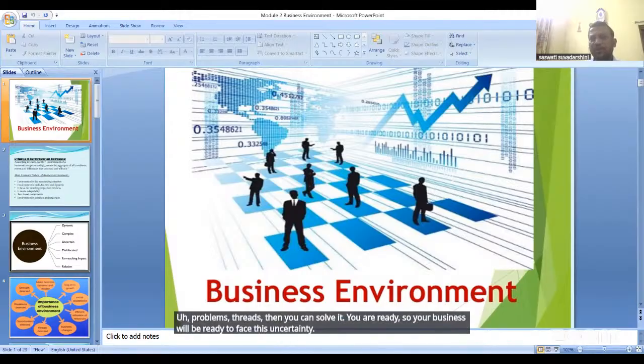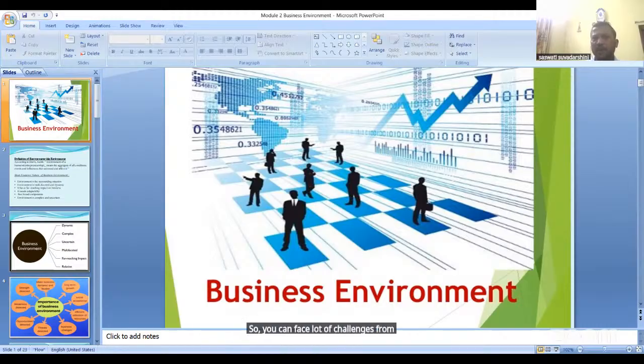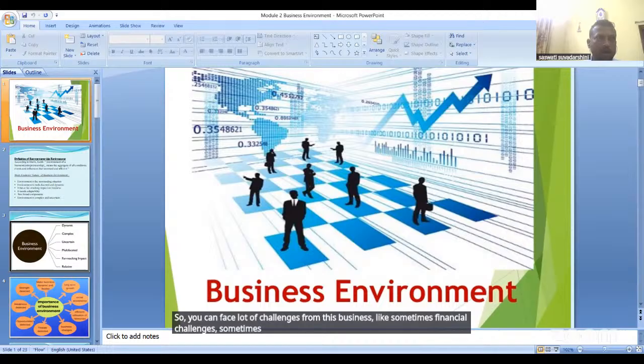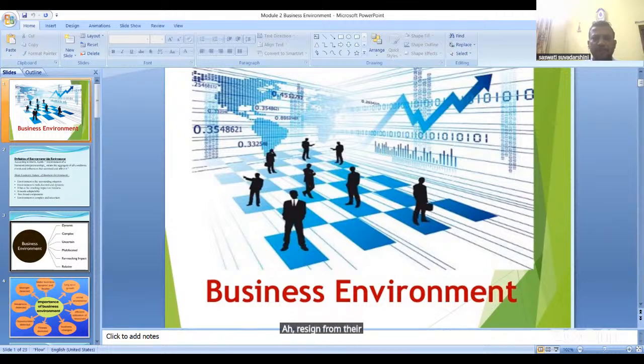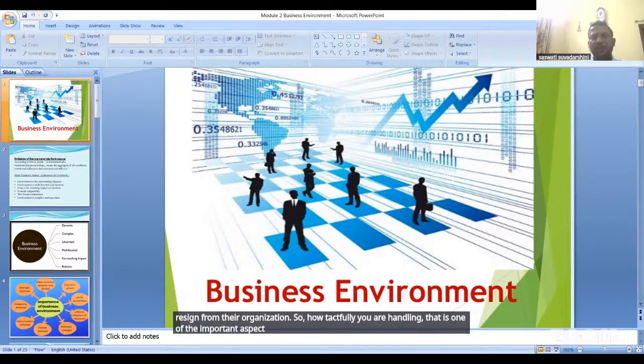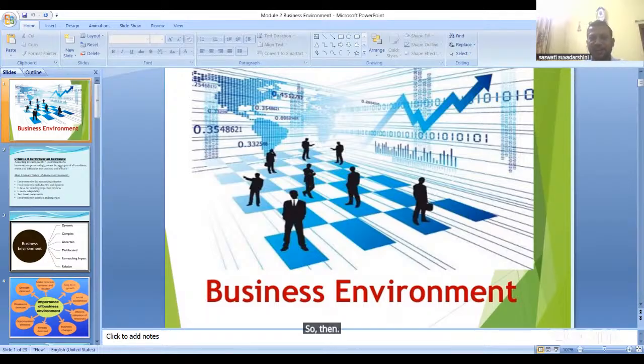So you can face a lot of challenges in this business, like sometimes financial challenges, sometimes employees shift from your organization to another organization, or resign from their organization. So how tactfully you handle that is one of the important aspects in business. Then social acceptance, what society needs, as per the requirement of the society you are focusing.